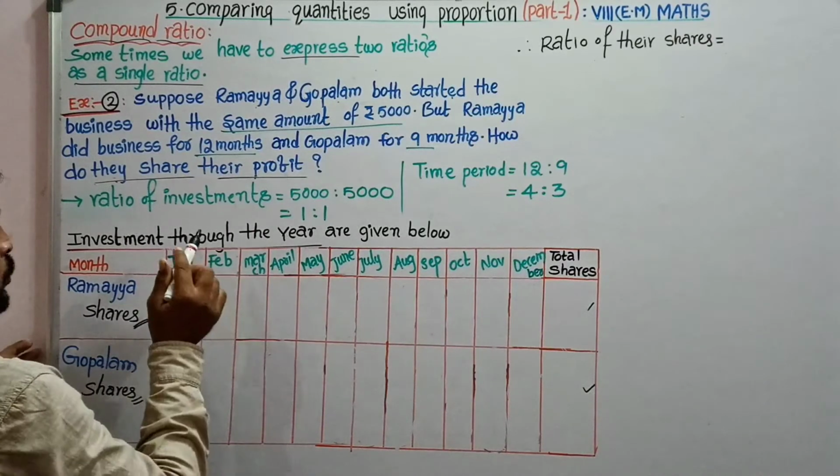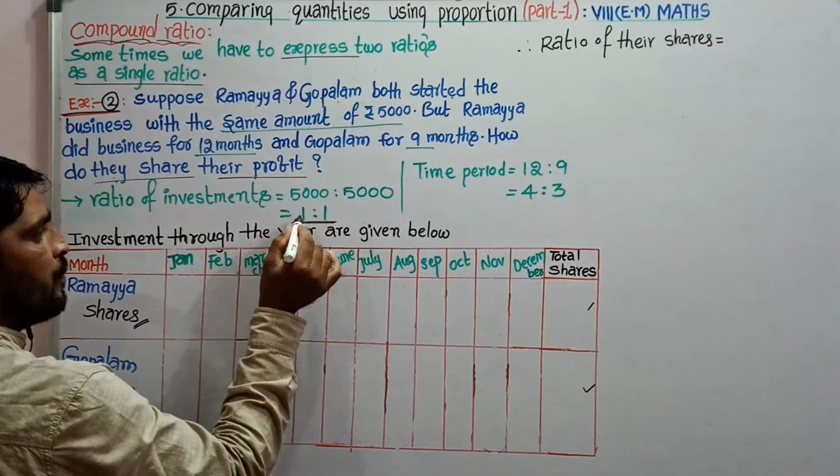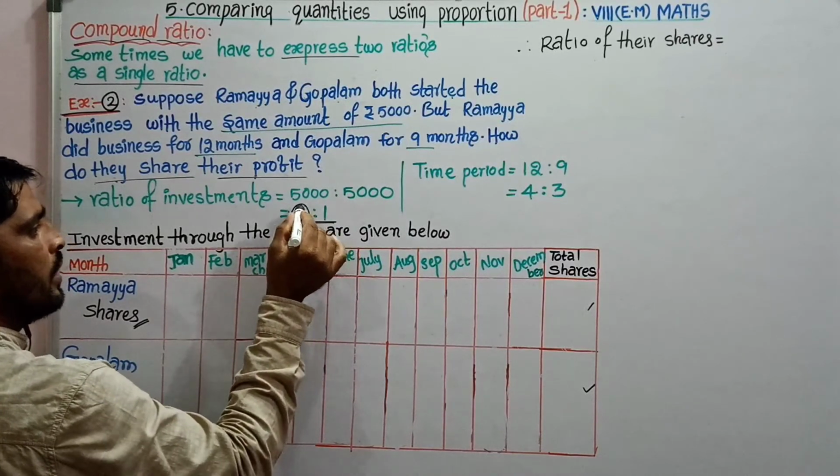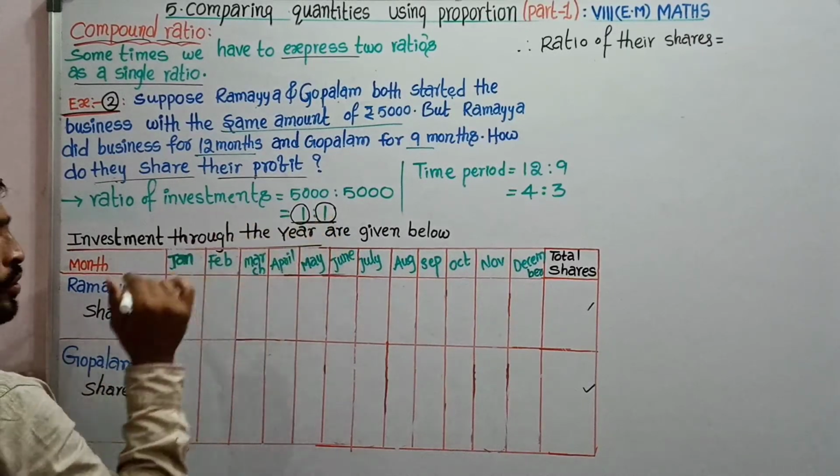Yes. To find their shares, consider their investment. If Ramaya invests 1 unit of money, then Gopalam also invested 1 unit of money.